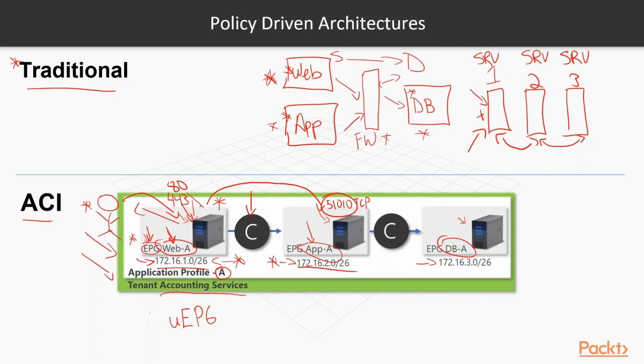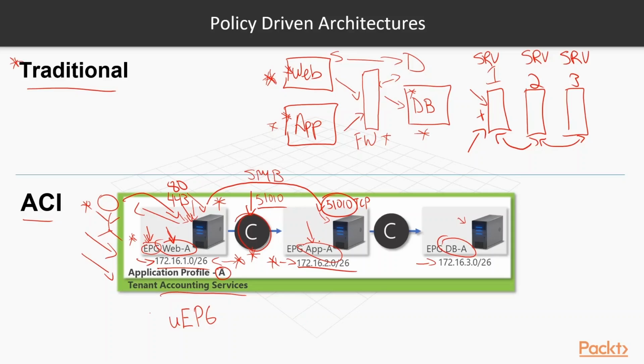And I am able to inject malicious payload, in this case ransomware, because I am actually completely isolated with a contract. And again, we're going to discuss endpoint groups, contracts, filters, subjects, etc. I can actually allow 51010 and block everything else. And if ransomware is using SMB, it's going to be stopped. Yes, because I am only allowing 51010. You see how cool that is?